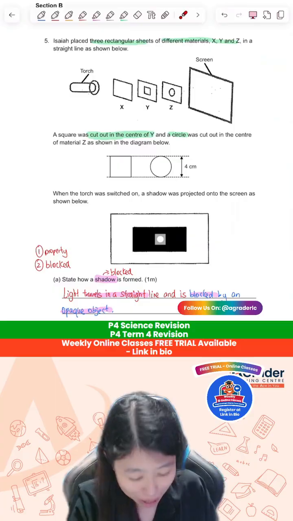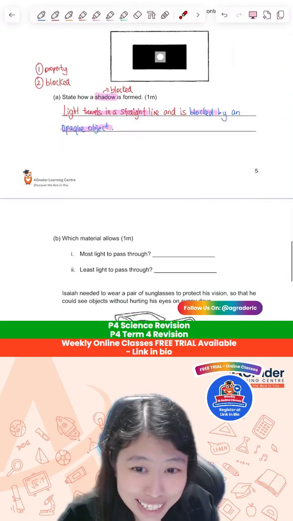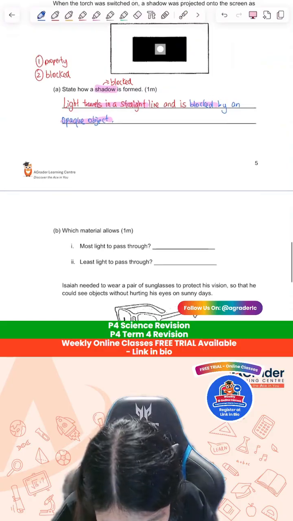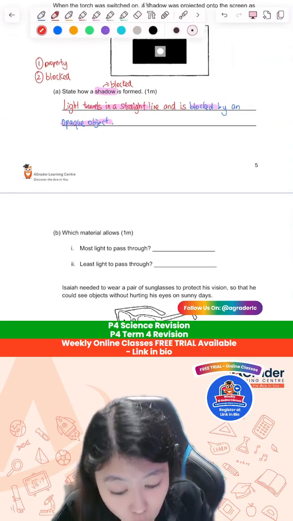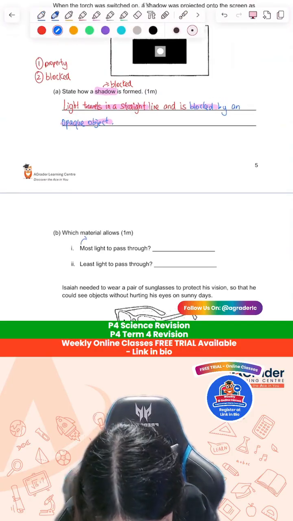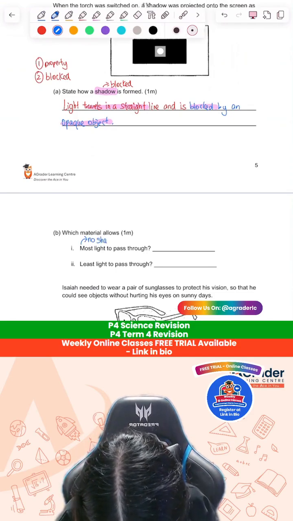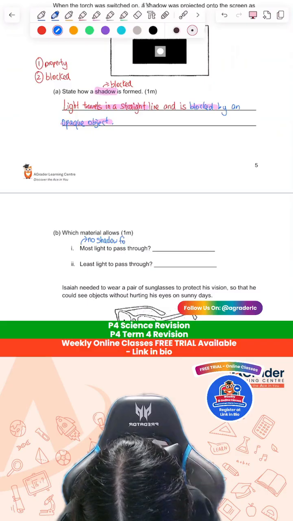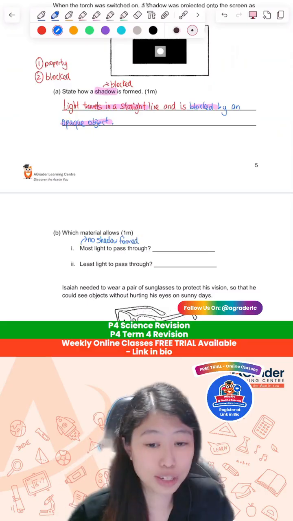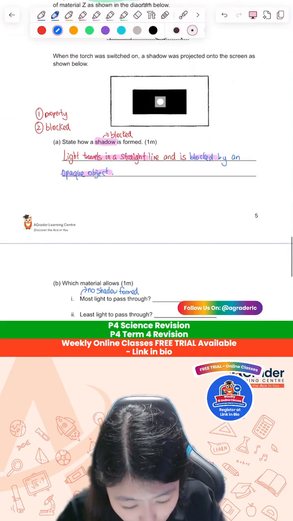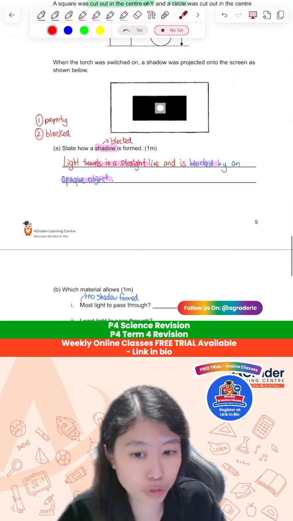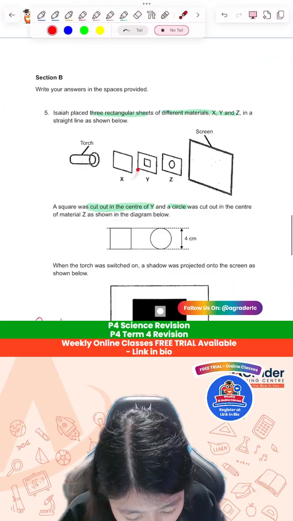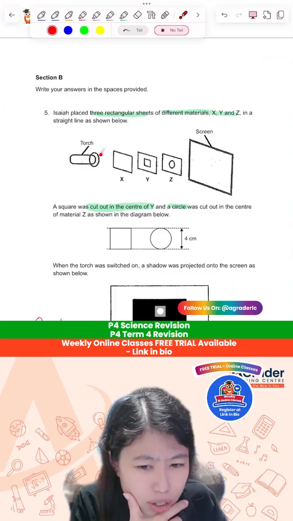Okay, you must remember, most light to pass through means that it should not form any shadow, right? No shadow formed. Okay, so you need to understand. Look at the positioning of the objects. You see this one, right? X, are there any holes?